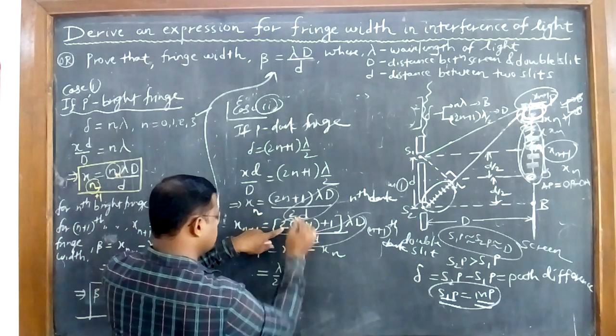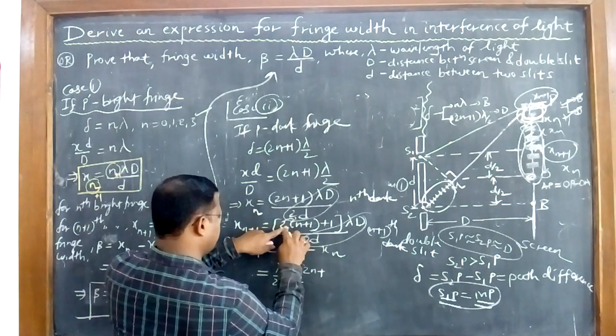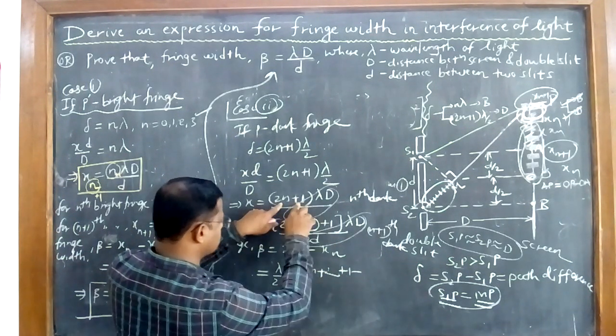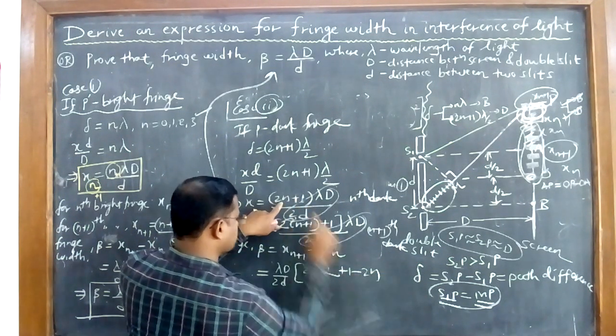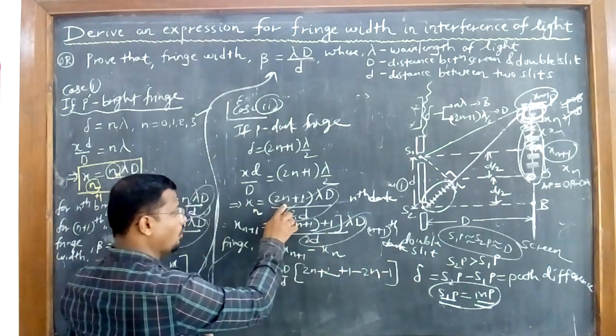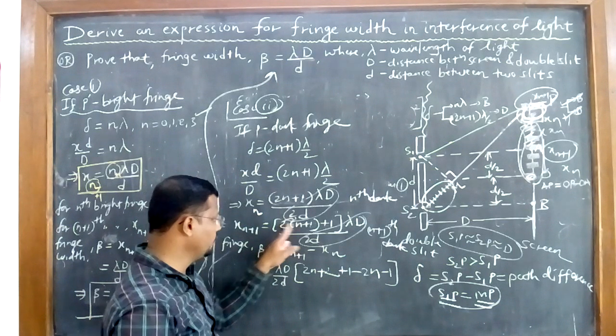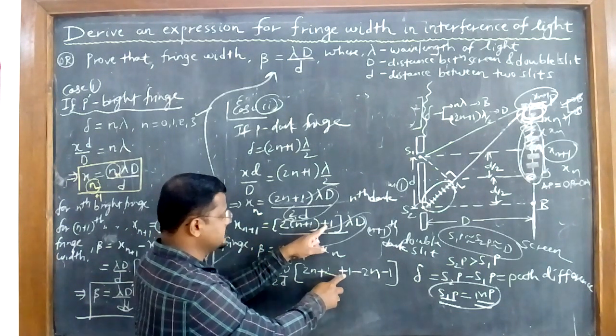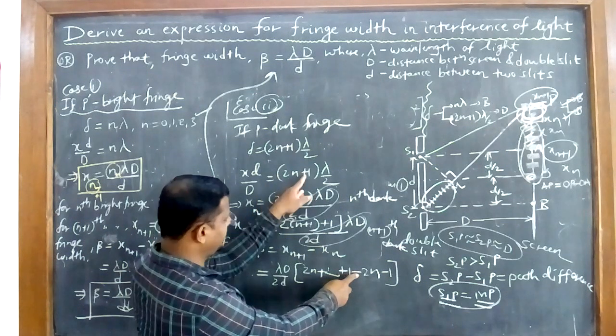So can I bring this 2 inside? So 2n plus this 2 plus 1, minus 2n minus 1. Why minus? Because this minus will be applied to the whole bracket here. See, 2 into n, 2n, plus 2 into 1, 2, plus 1 as it is, minus 2n, again minus 1.